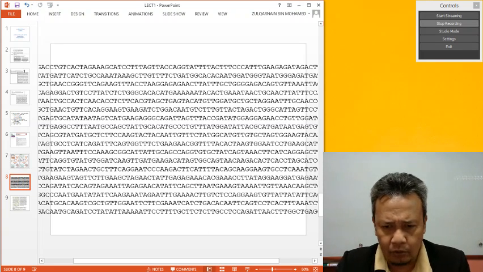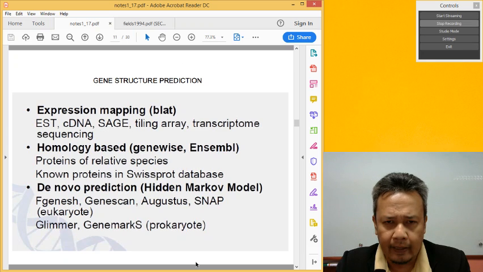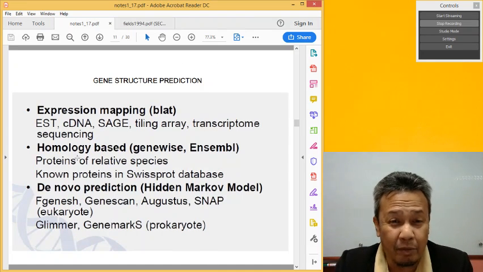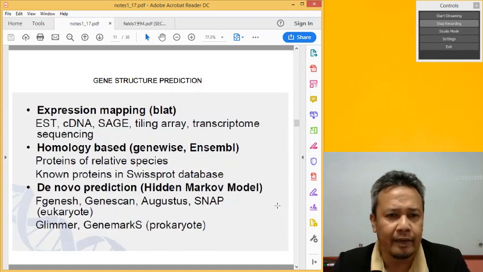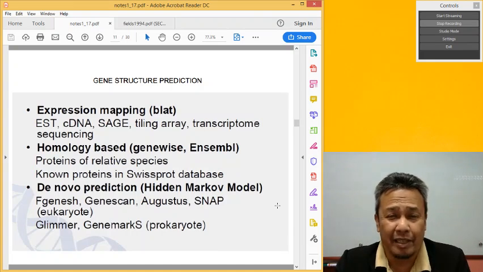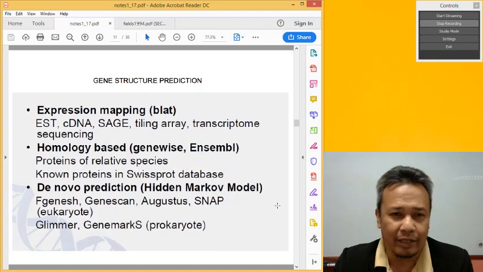So in my notes, this is from a slide when I attended a course in BGI. In determining whether a particular DNA sequence is a gene or not, you can do several things.